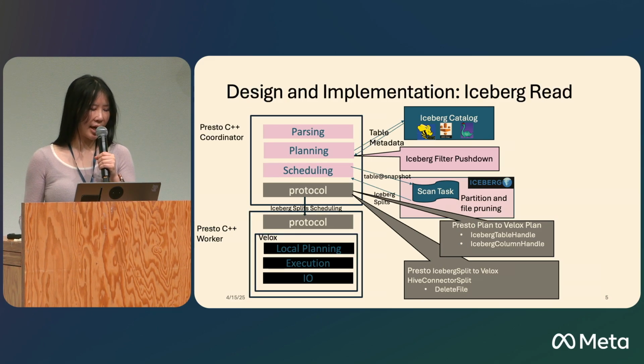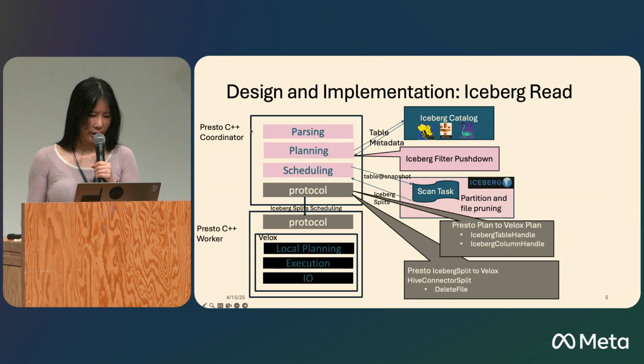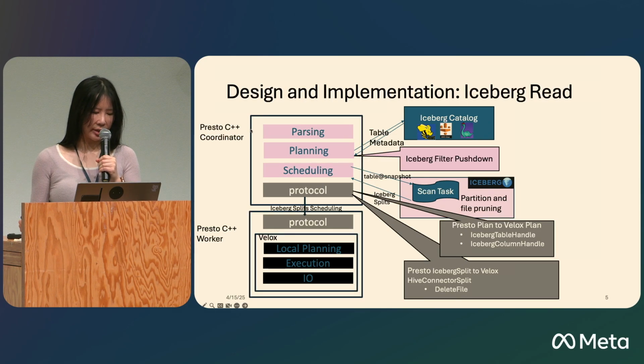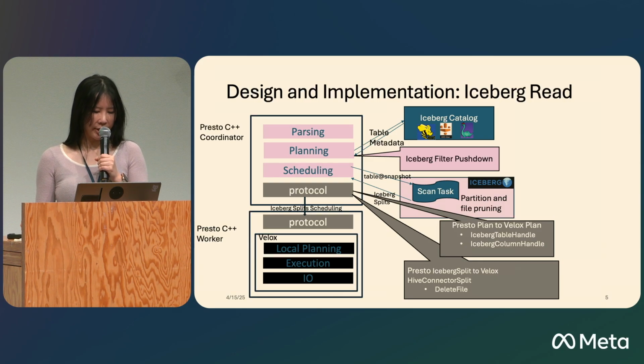It's done by the Iceberg library, and this part is all in Java. Once the splits are generated, the scheduler distributes them to the workers, where the worker is backed by Velox, where local planning and execution happen.